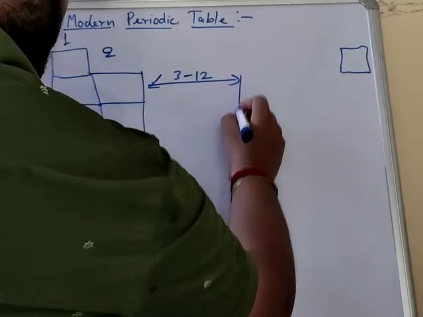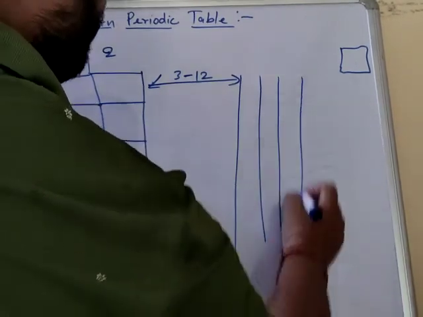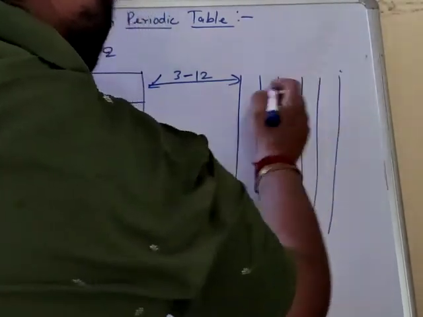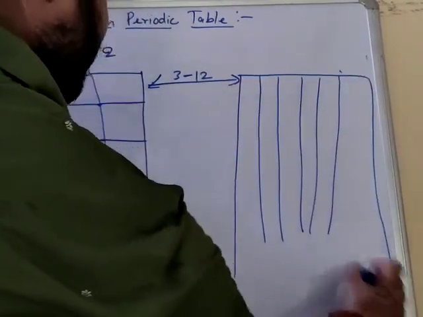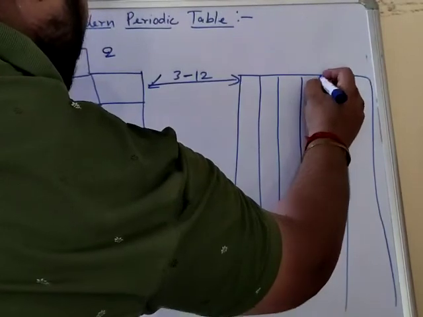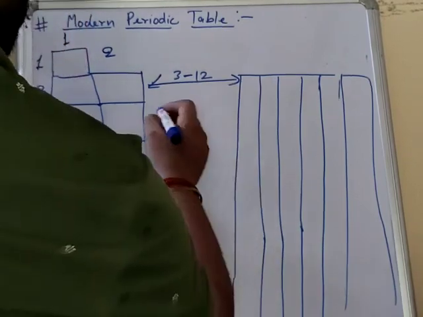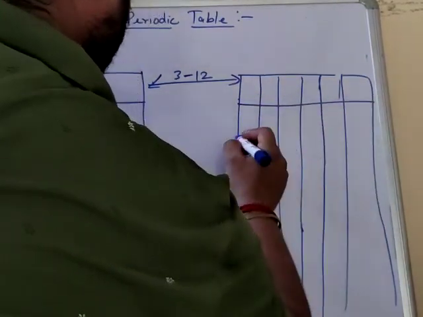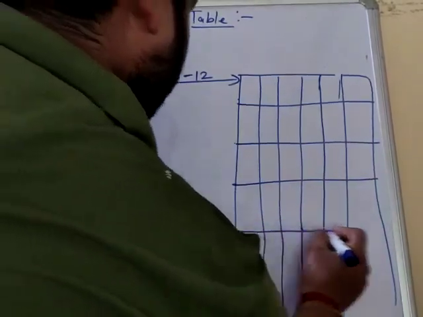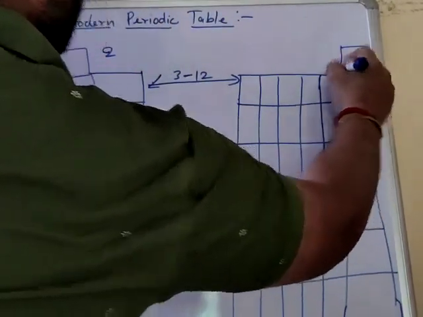Okay, after that 13, 14, 15, 16, 17, and the last one is 18.